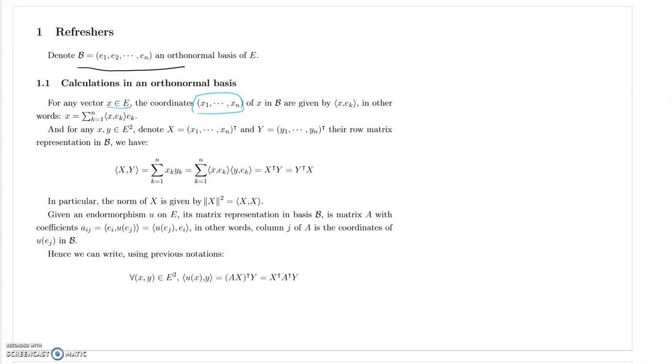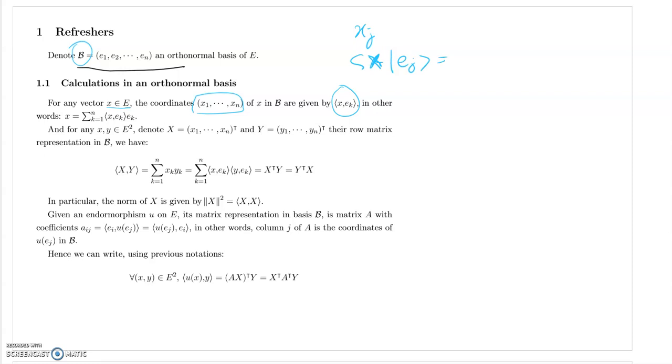The coordinates of x in the basis B are given by a scalar product. Xj, the jth component of the vector x, is going to be obtained by doing the inner product between x and the jth element of the basis.